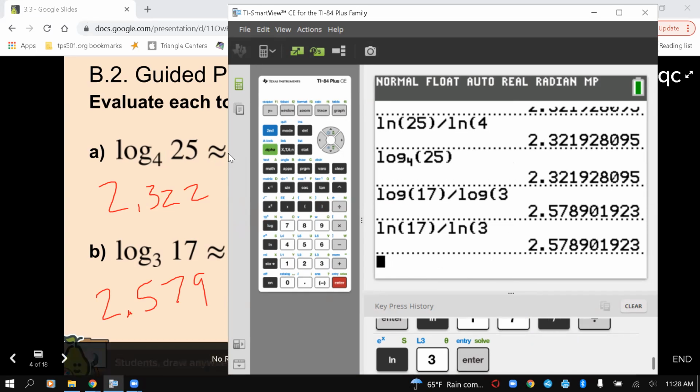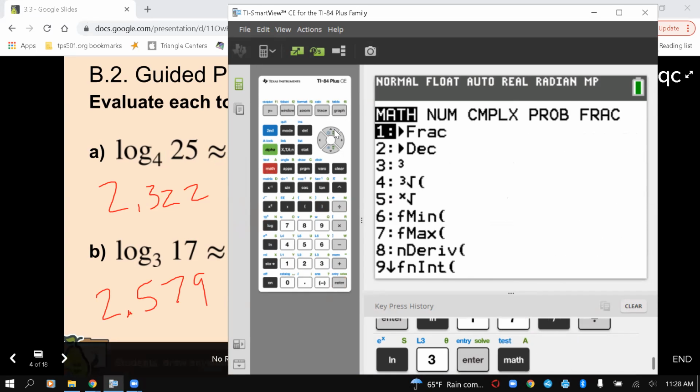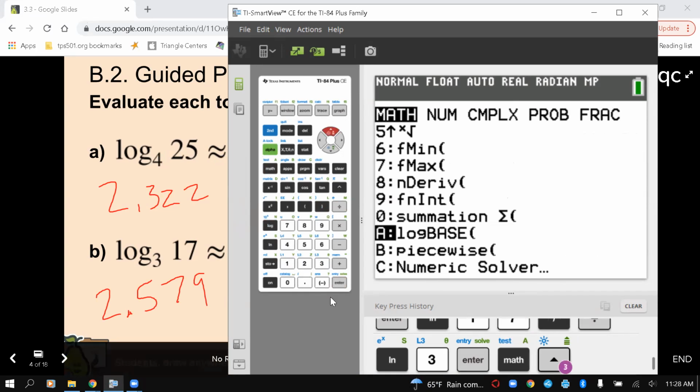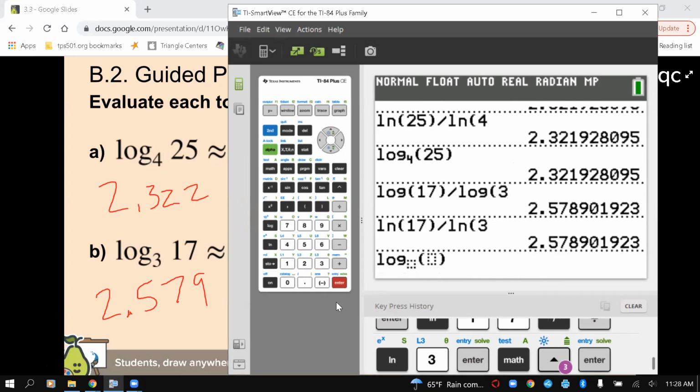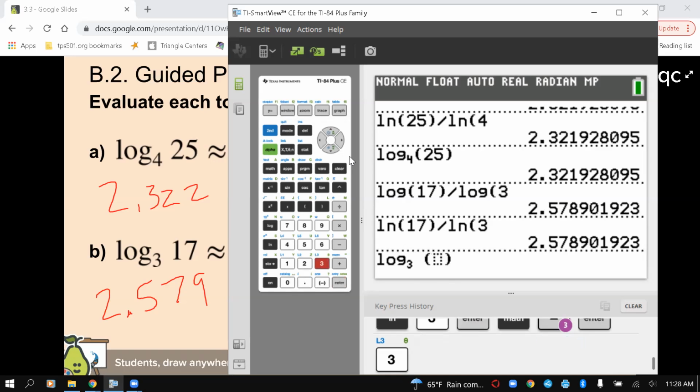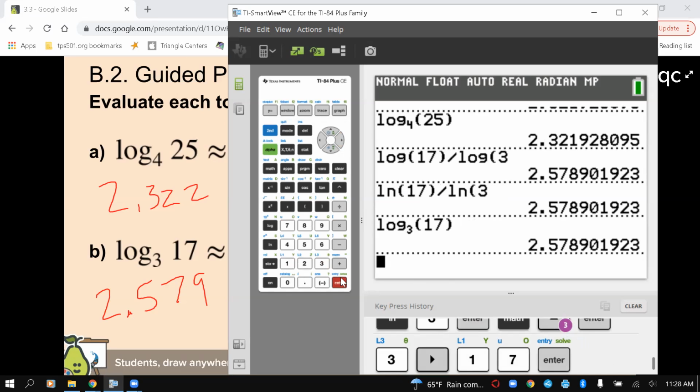Or you would get the same answer by hitting math and doing option A, log base 3 of 17. You need to learn one of those 3 ways of doing it.